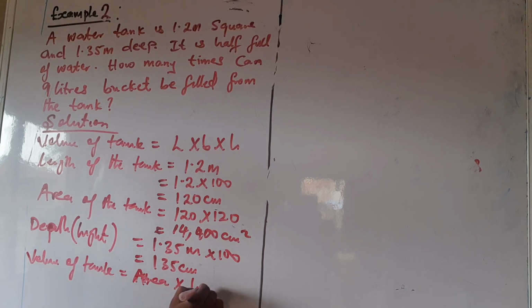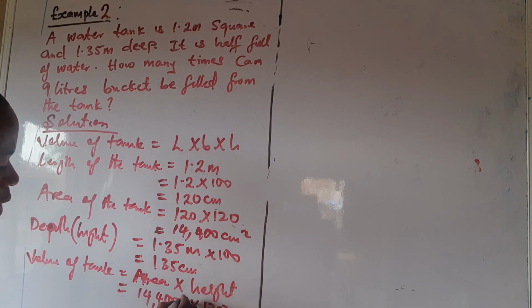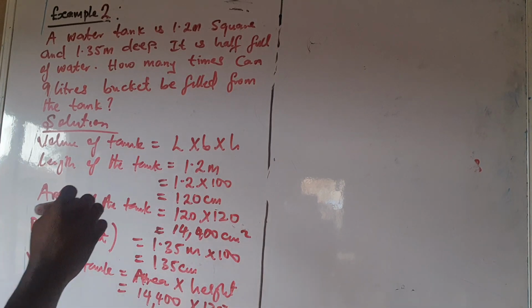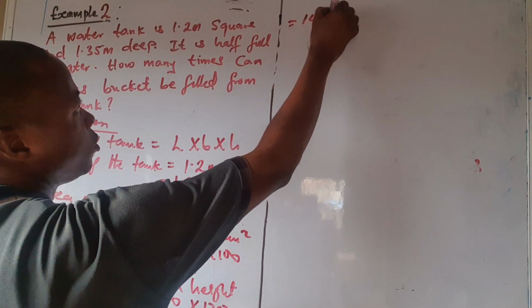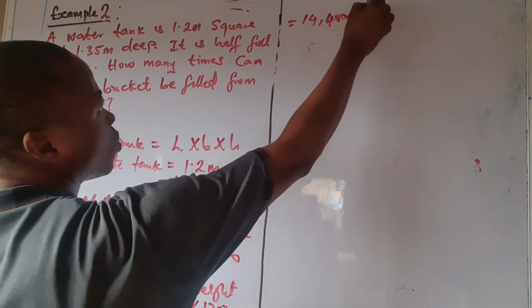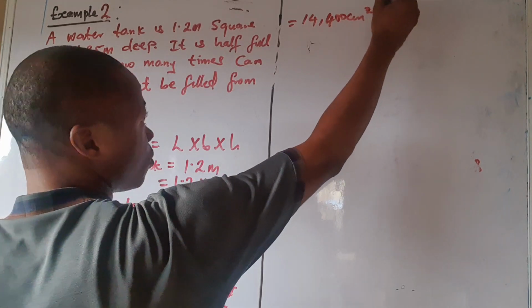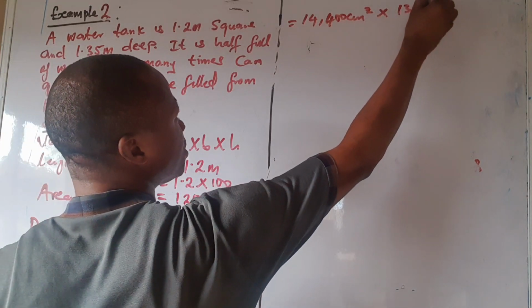times the height. And that will give us 14,400 centimeter square times 135 centimeter.